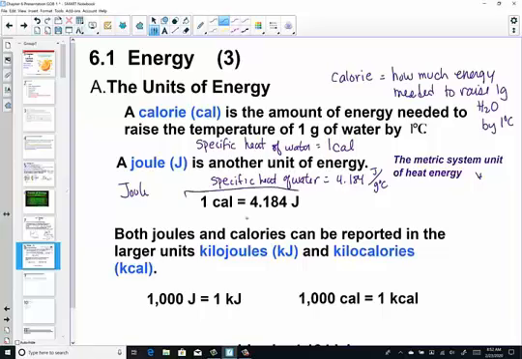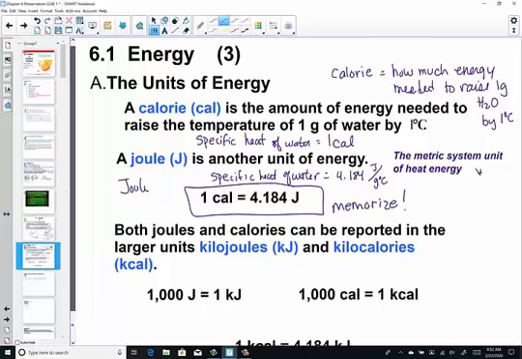The equivalent values between calories and joules should be memorized. You'll need to know those conversions, so I'll just encourage you to remember 1 calorie is equivalent to 4.184 joules.